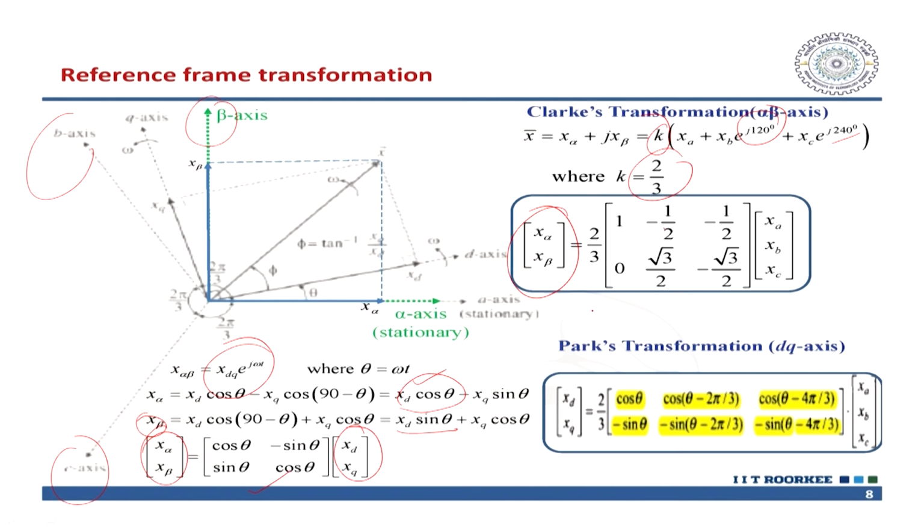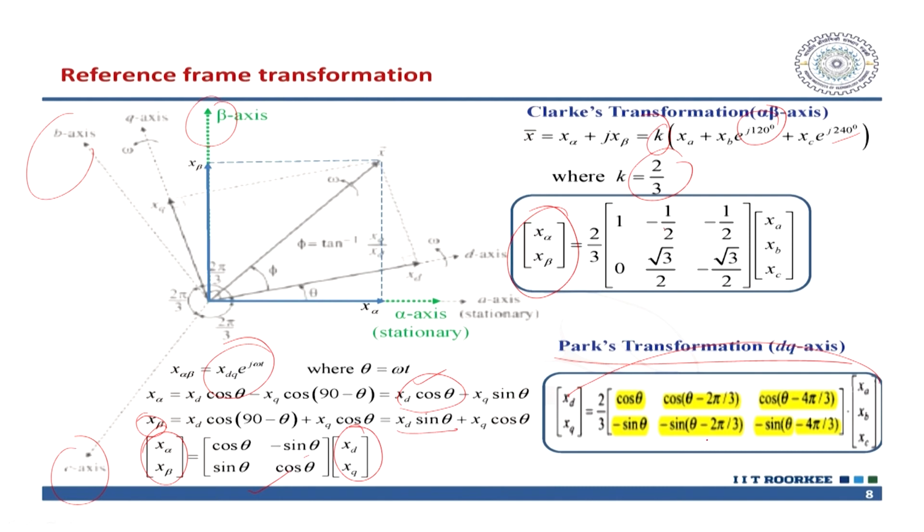Ultimately, if you couple these two transformations, you can have directly ABC to dq and vice versa. If you go in reverse, then it is called a reverse Park transformation. So, this transformation is called the Park transformation, while converting from ABC to the dq frame of reference directly. So, you get this k coming out here, and you get cos theta, cos(theta minus 120 degree) and cos(theta minus 240 degree).